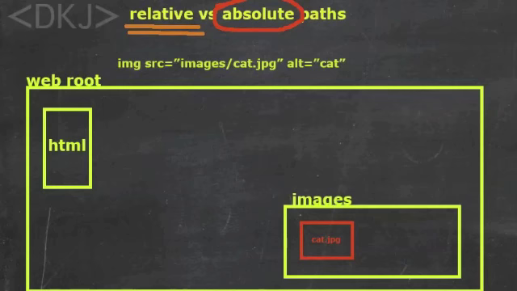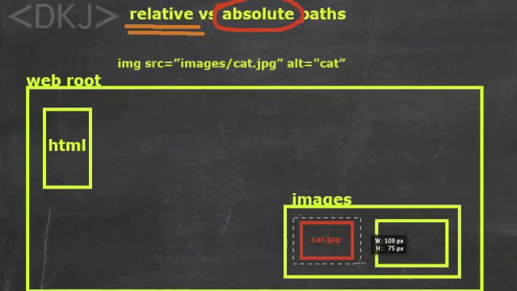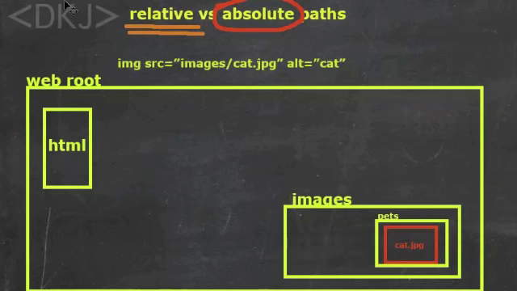If for some reason inside of your images folder you had a subfolder called pets, and you put your image into it here, then your path would look like images/pets/cat.jpg.